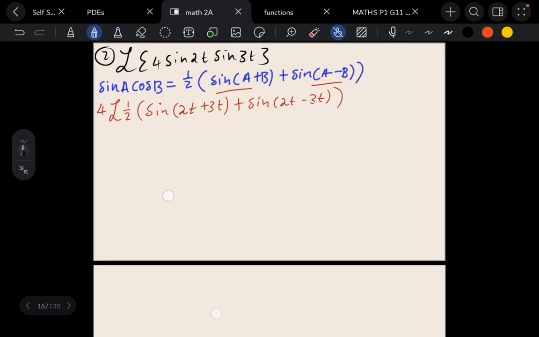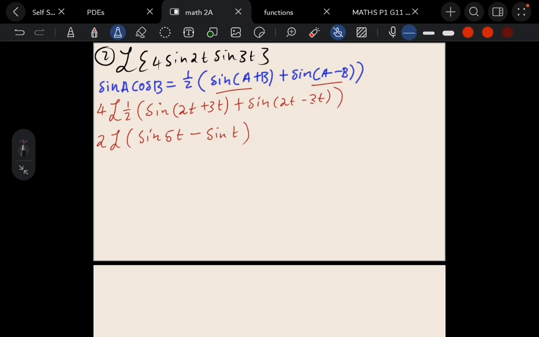So the half will go outside. I'm going to have a 2 times the Laplace transform of sine 5t minus, what is the Laplace transform of sine 2t minus 3t? That is minus sine t, like that.